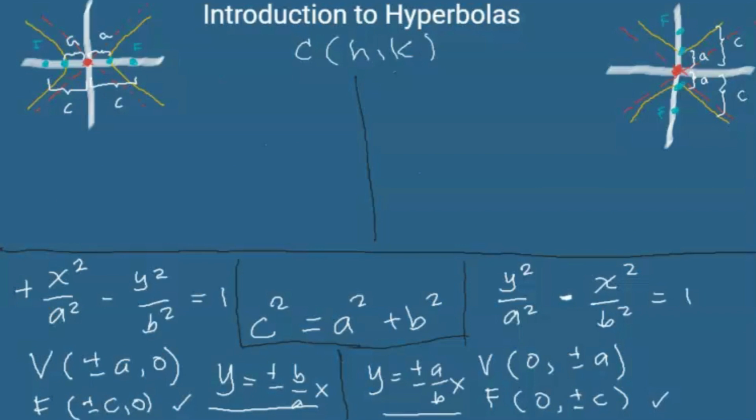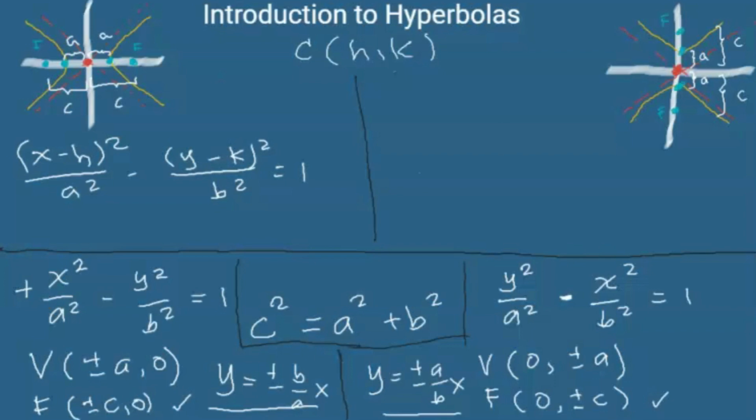So for the horizontal hyperbola with center (h, k), the standard equation would change to (x minus h) squared over a squared minus (y minus k) squared over b squared equals 1.